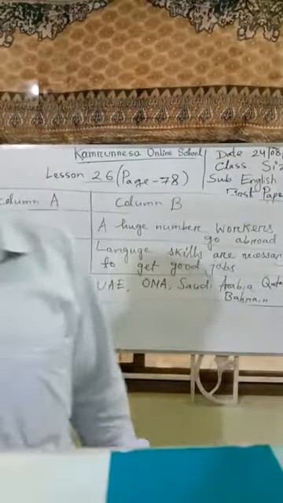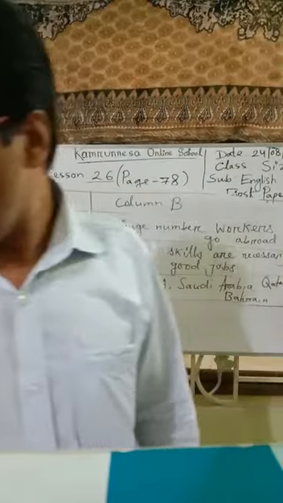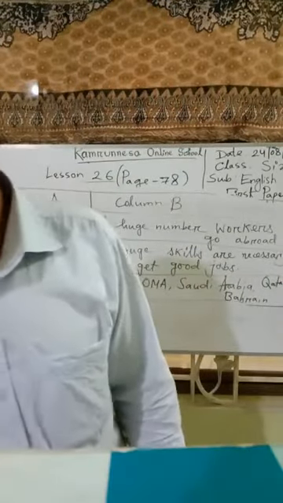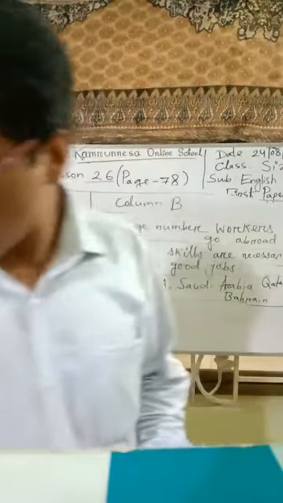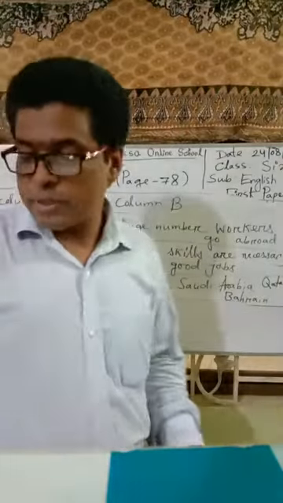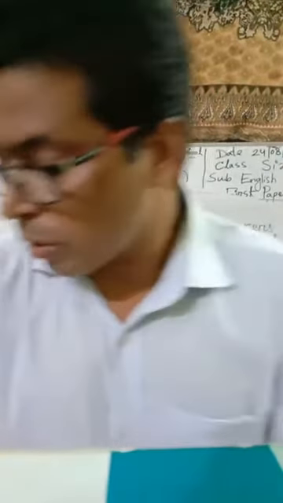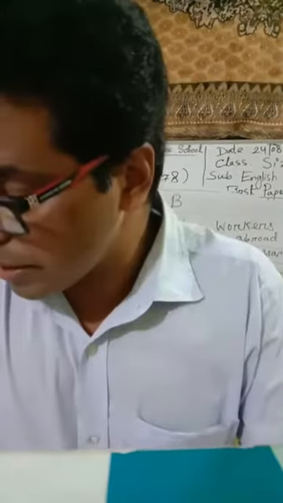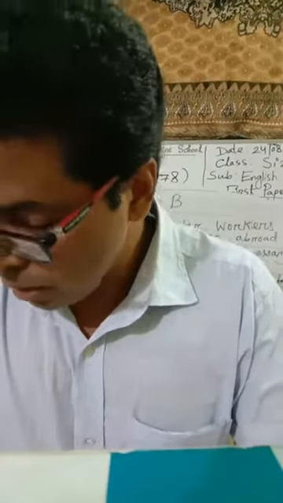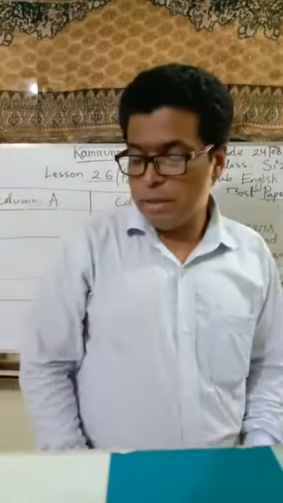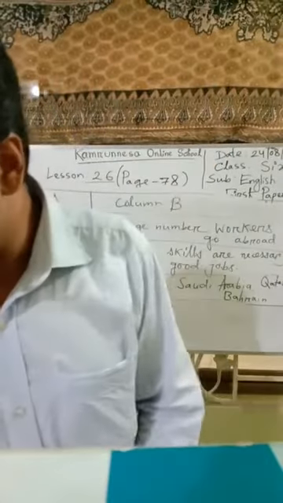And the last sentence, number 4, wage earners of our country can. That means what possibilities our wage earners have after learning skills, language skills.